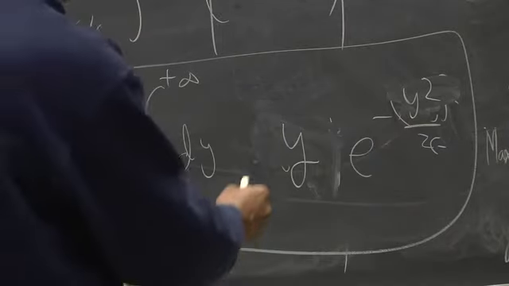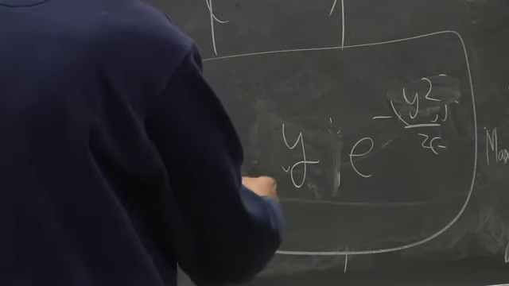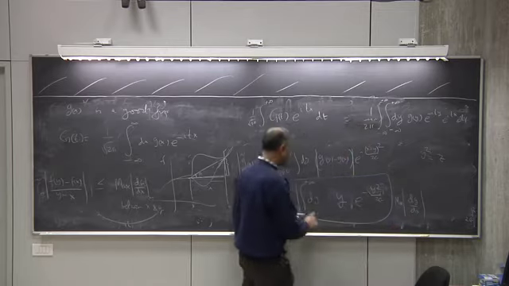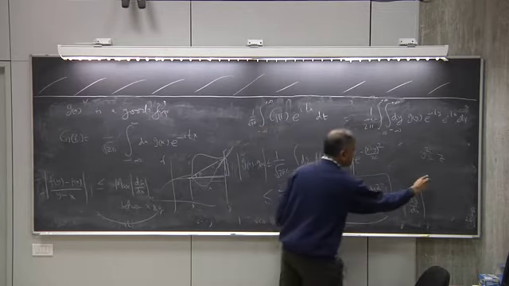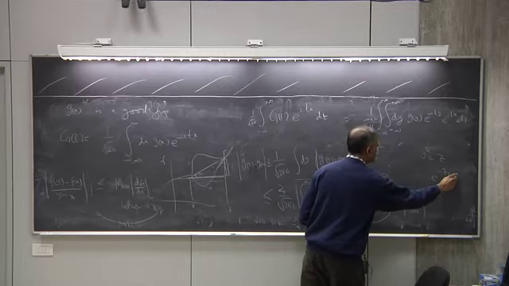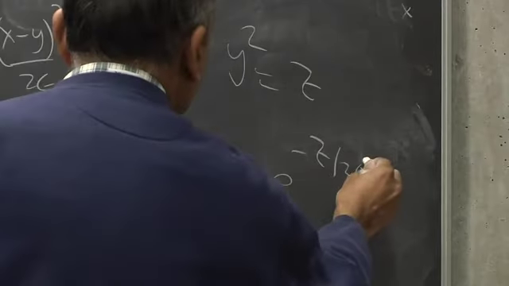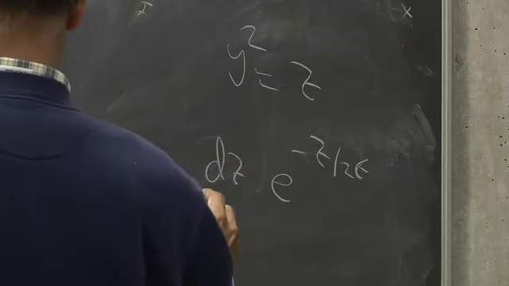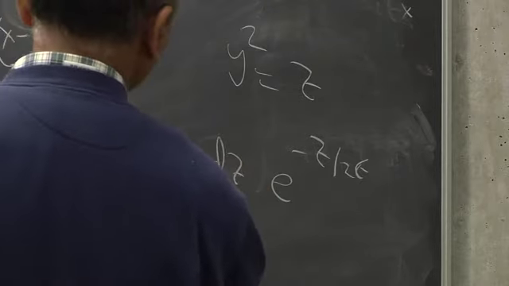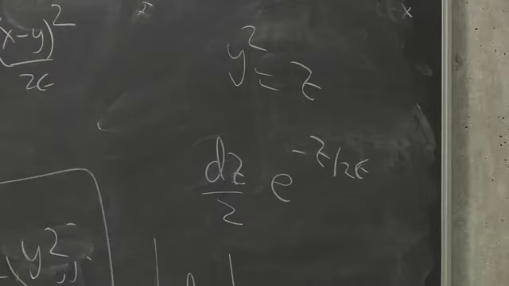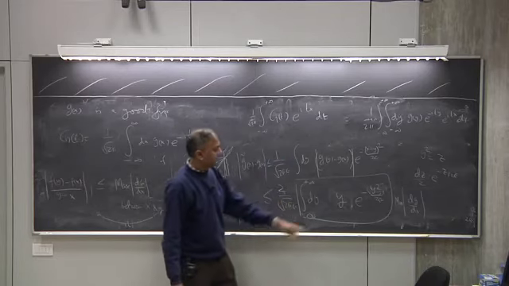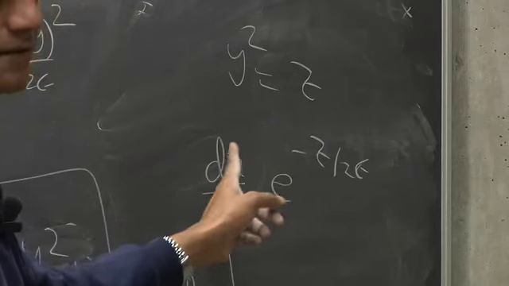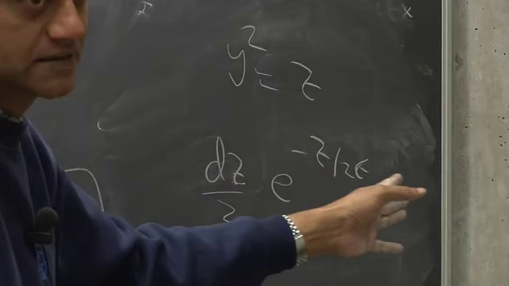This integral you can immediately do, because you can call y squared some z, then this becomes e to the minus z over 2 epsilon dz by 2, right? So, this 2 cancels, and then that integral you can perform immediately. It gives you 2 epsilon times 1 basically.